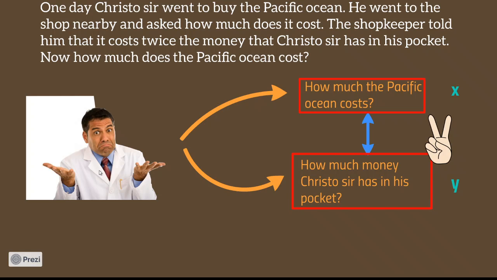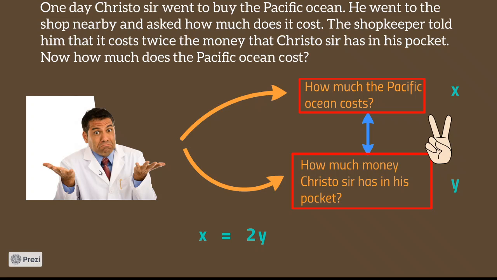That gives us a hint of a relationship. So maybe we do not need two variables. That means the cost of the Pacific Ocean, that is x, is equal to twice y, twice the money Christopher has. Twice is just 2, so x is equal to 2 into y. Twice means 2y.